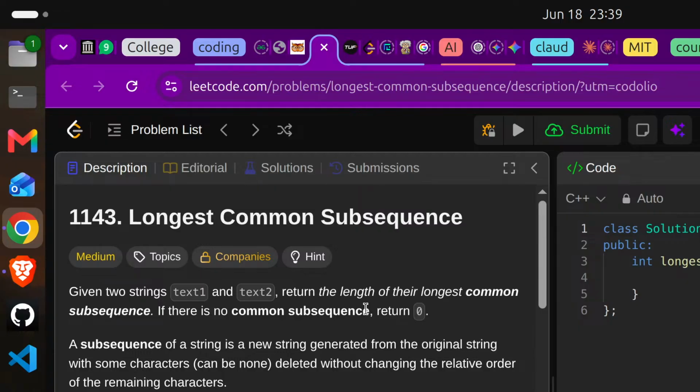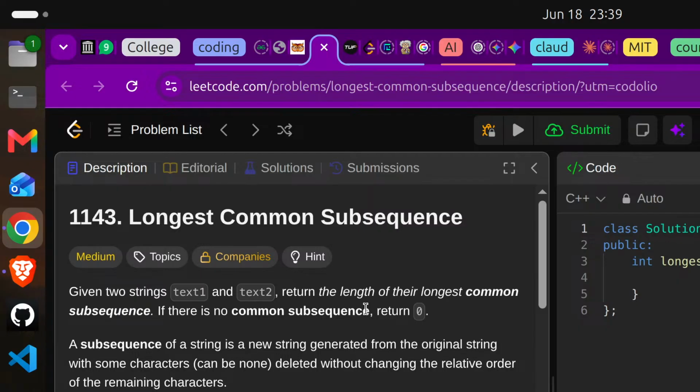I think it should work now. Yeah, and now it will not give TLE to us because... accepted. Because the runtime is very slow, we can use tabulation also.